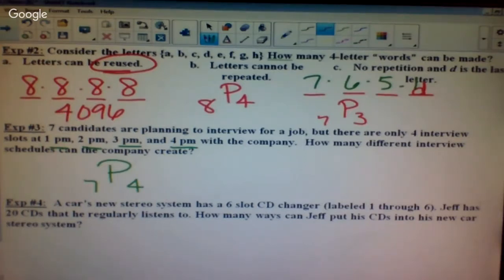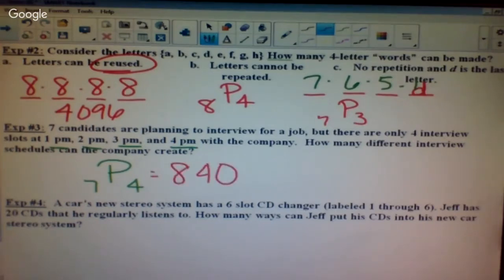Okay. So you need to type in 7. Then I need you to go to math and scroll over to probability. Is it choice 2 or 3 with the nPr? 2. So choose choice 2. And then hit 4 and hit enter. 840.